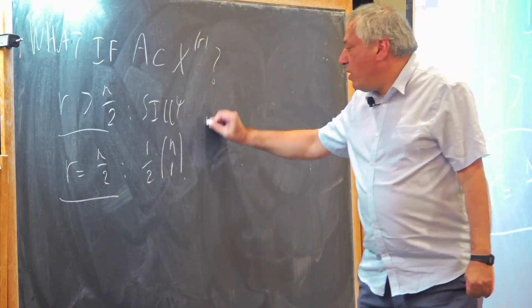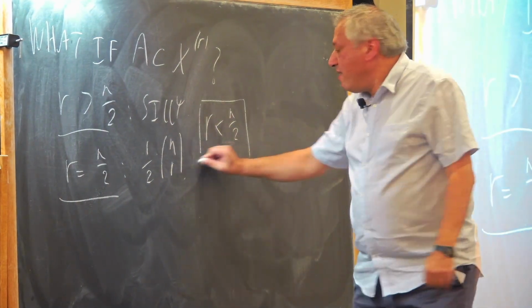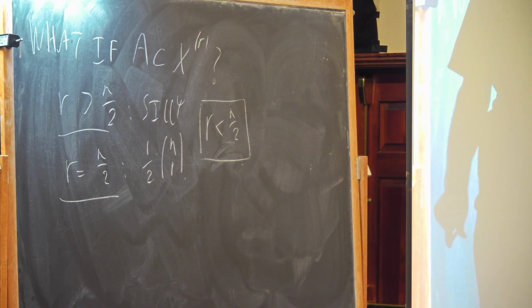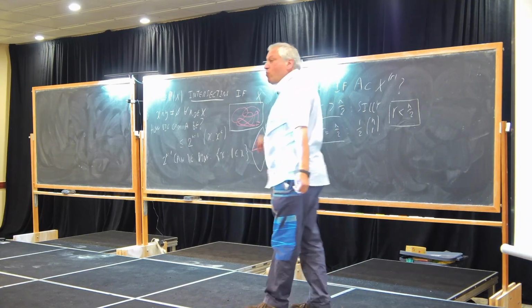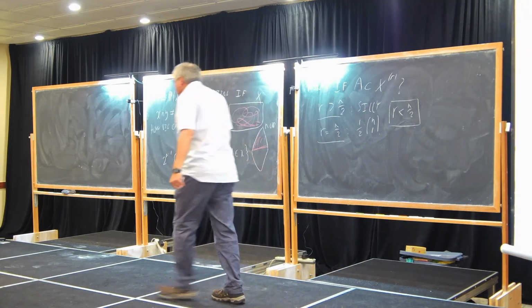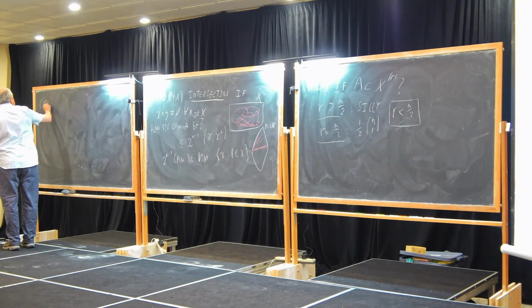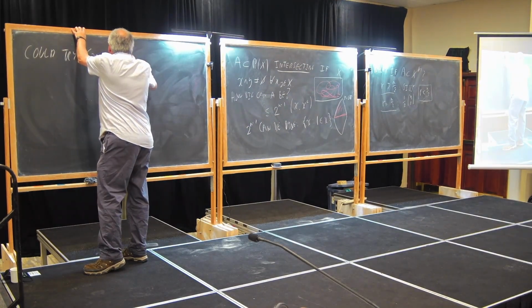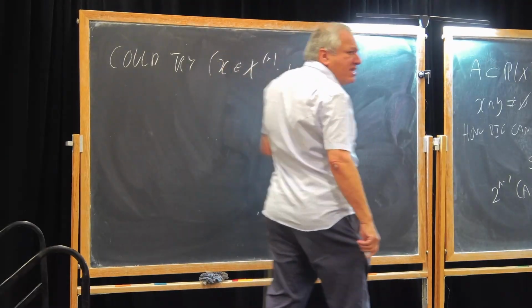All right, so those are some silly cases. So let's be looking at the world when r is less than n over 2. I won't keep saying that; that will always be the case. What could we do? Well, the obvious guess is, you could say, I'll just take everything containing 1, like before. Try the set of all r-sets X such that 1 belongs to X. And how big is that?